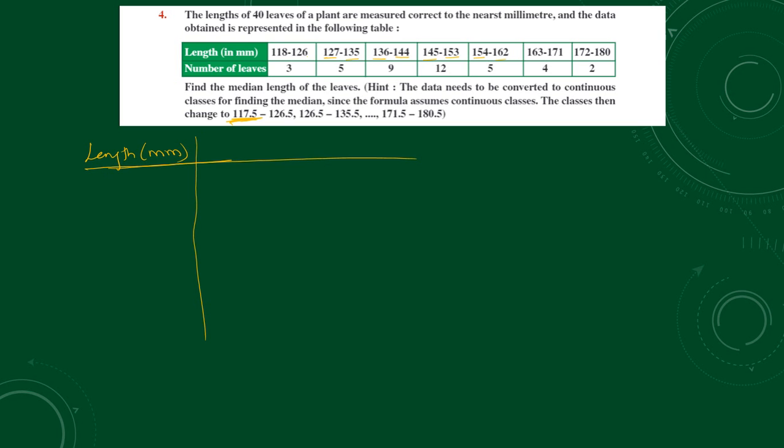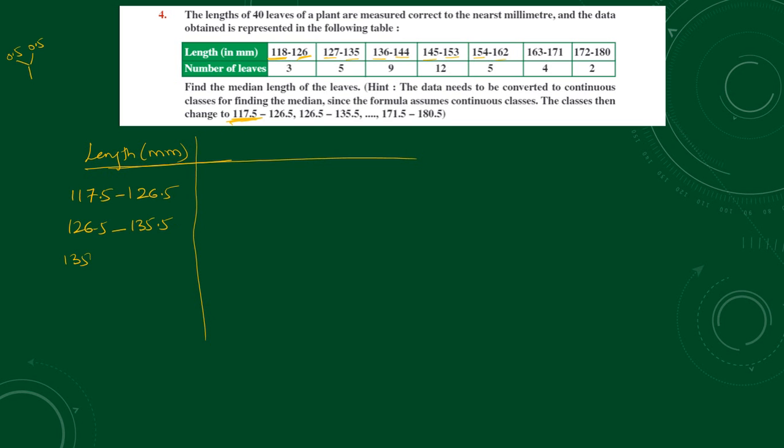So what is the difference? The difference is 1. This 1 I need to distribute into two parts, 0.5 and 0.5, one to each class. That means from the lower limit I need to subtract 0.5, and to the upper limit I need to add 0.5. So this becomes 117.5 to 126.5. Next 126.5 to 135.5.